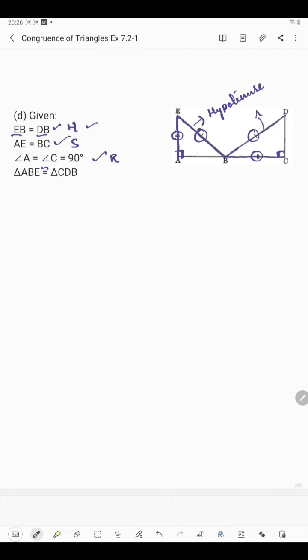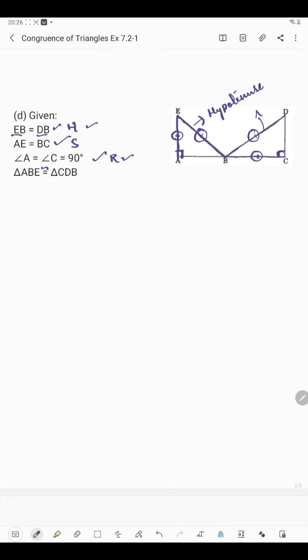Suppose if AB is equal to side CD, then also it will be by RHS congruence criterion. So in RHS congruency the triangle should be a right angle triangle, the hypotenuse should be equal and any one of the sides will be equal.